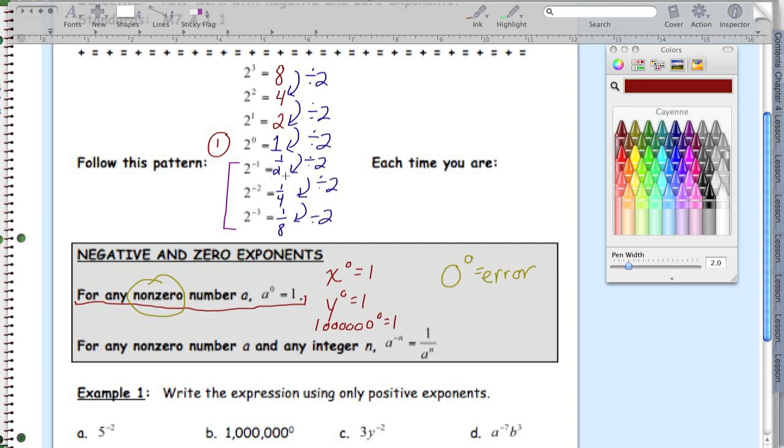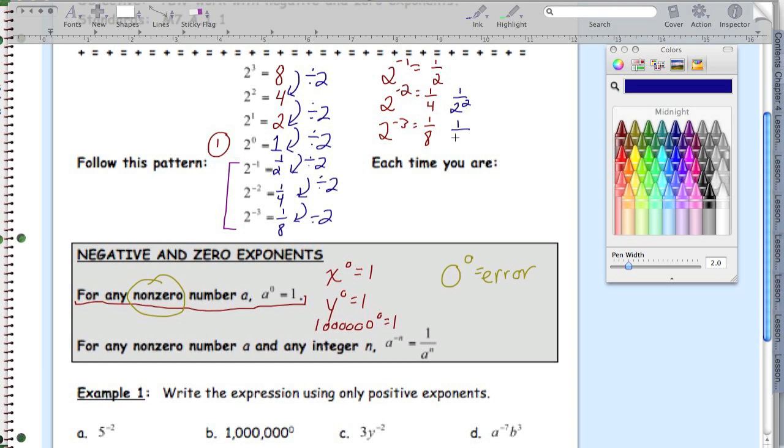The second one's a little bit harder to decipher, so I'm going to write it over here. We saw that 2 to the negative first is equal to 1/2. Then we saw that 2 to the negative second is equal to 1/4, and then 2 to the negative third is equal to 1/8. Okay, so I can really write 1/4 as 1 over 2 squared, because 2 squared is 4.